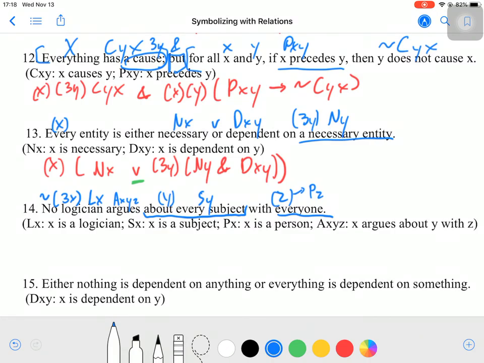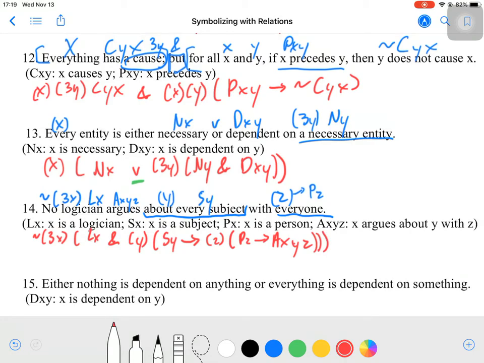So one of the translations, and there's two here: it is not the case that there exists an x such that x is a logician and for all y, if y is a subject, then for all z, if z is a person, then x argues about y with z.